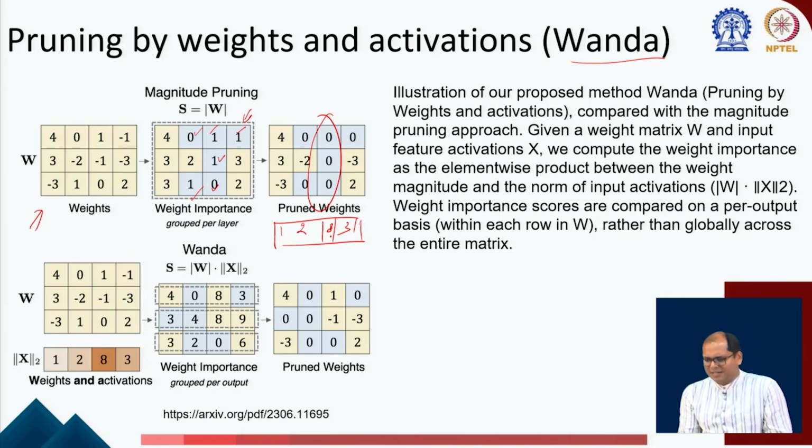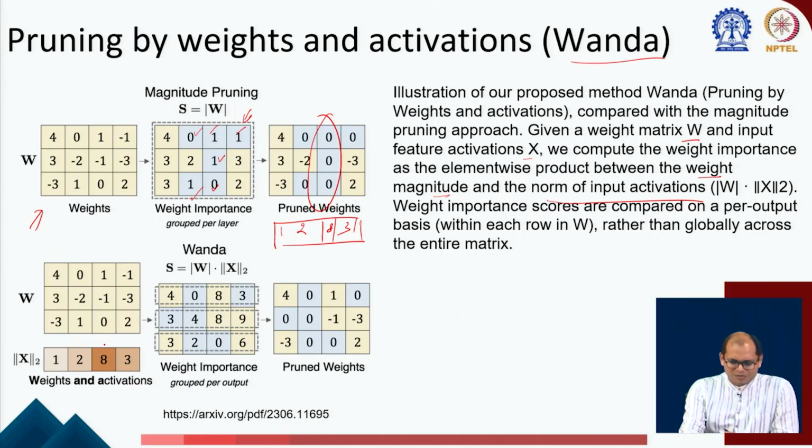So what Wanda said is that, compared with magnitude pruning, given a weight matrix and input feature activation, they compute the weight importance as the element-wise product between the weight magnitude and the norm of the input activation. So you will not prune first. You will first see, given my data, what is the impact, that is, the weight times the data.